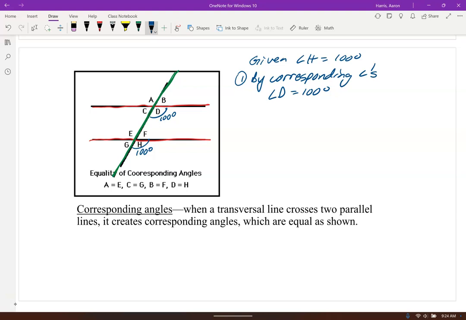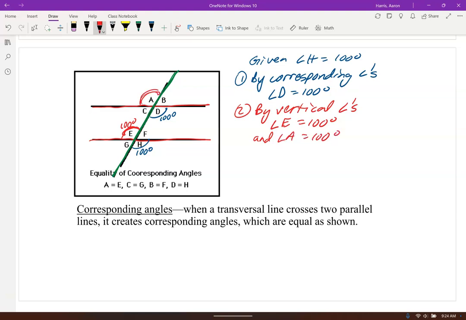Now let's use vertical angles, the opposite angles. If H is 100, then E is 100. Angle E must be 100 degrees as well. And since D is 100, angle A is 100 degrees as well, right?